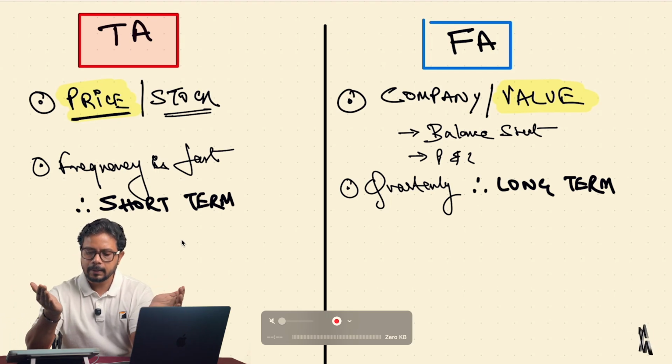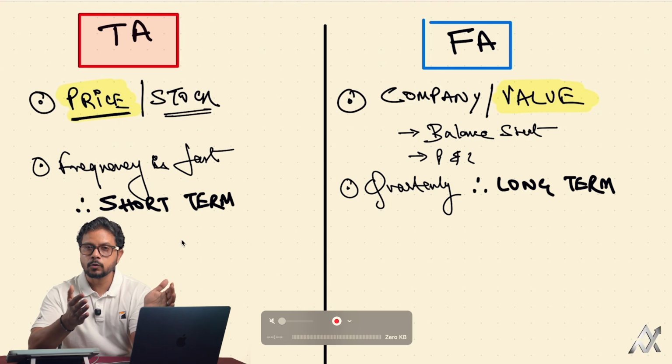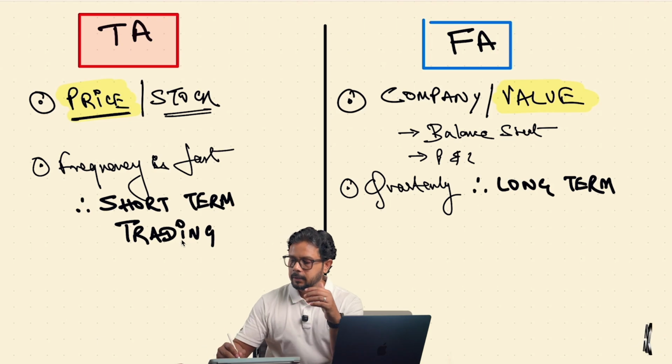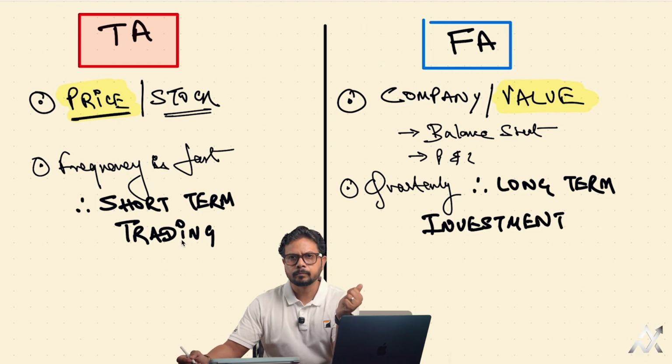And that's why technical analysis tends to be more towards short-term trading. So I can include the word: it is more trading oriented, and fundamental analysis is more investment oriented, by nature of the frequency of the data.